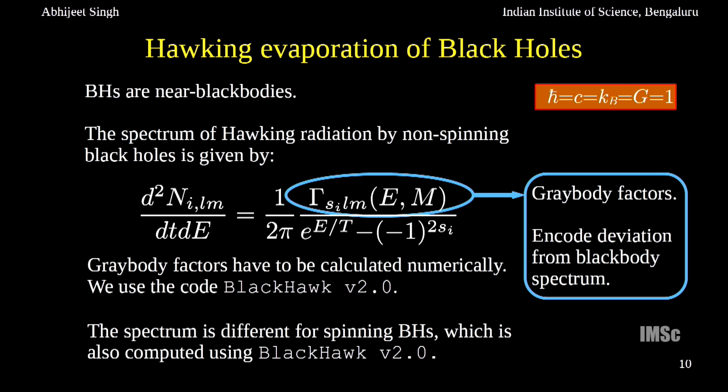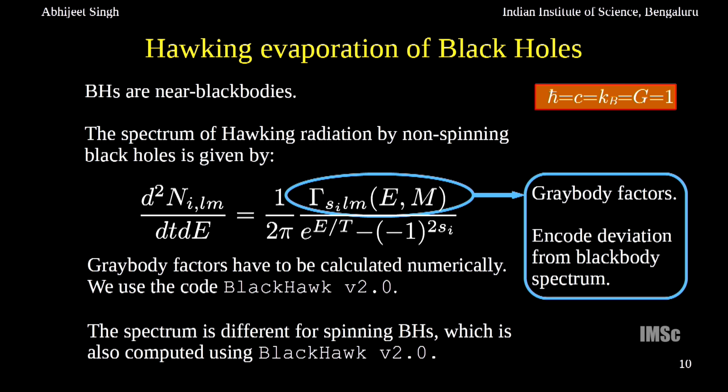It's exerting gravitational force, and when a particle is Hawking emitted, the wave function of the particle experiences scattering in the curved space-time of the black hole. So basically, the particle can be attracted back into the black hole. So we have to account for these factors also. These are called the grey body factors. And since it's a scattering problem, they have to be evaluated numerically.